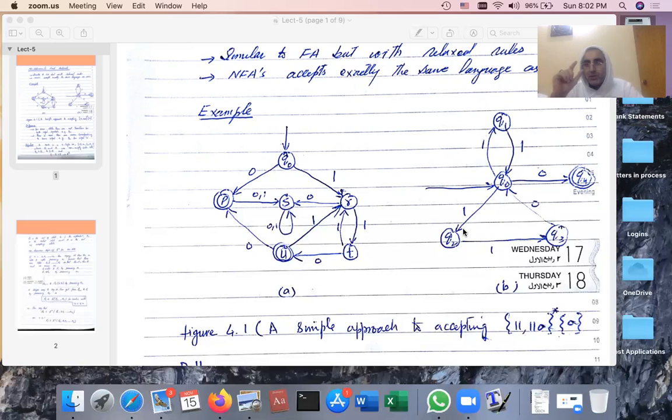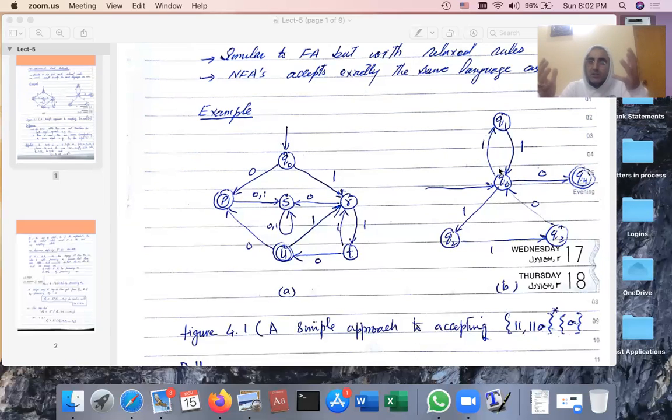If my input symbol set contains only 2 symbols, then according to the definition of FA, every state must have 2 outputs. But here in NFA we have 3 on this initial state. So in NFA we can have different outer degrees on the states.